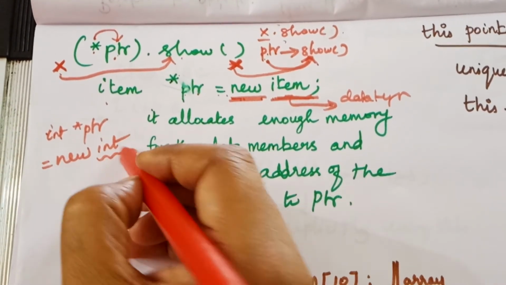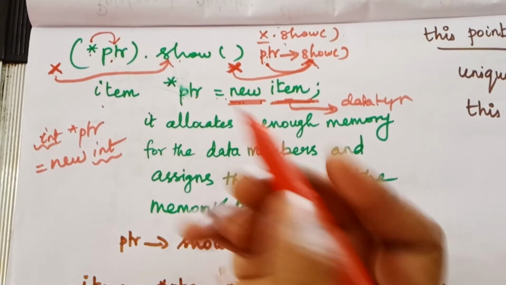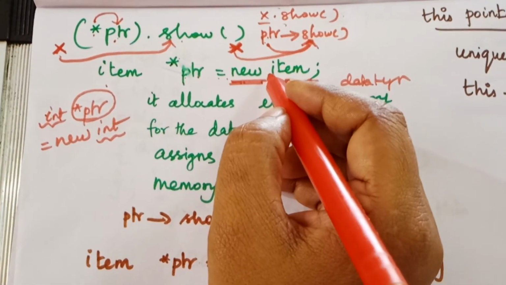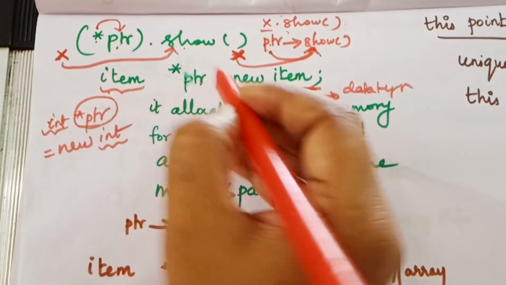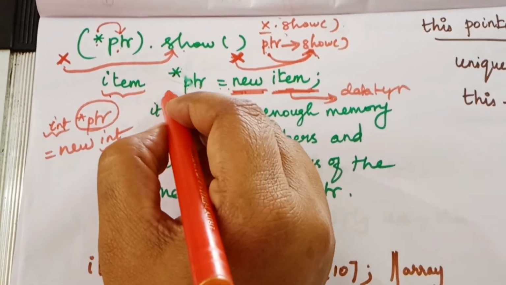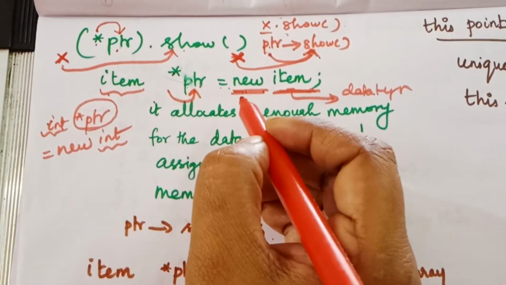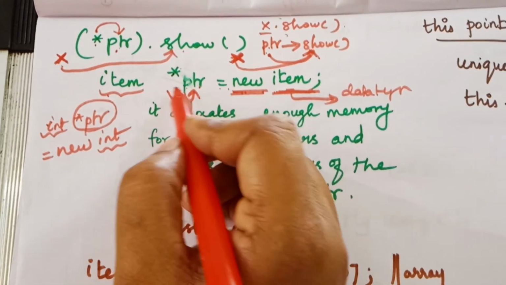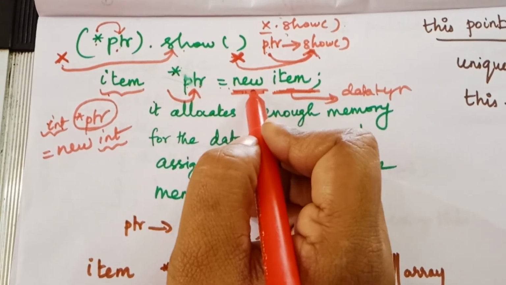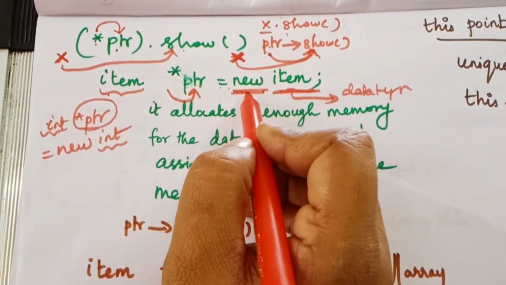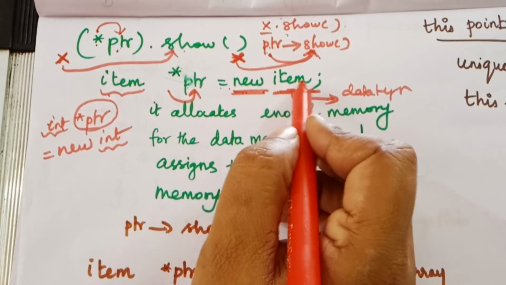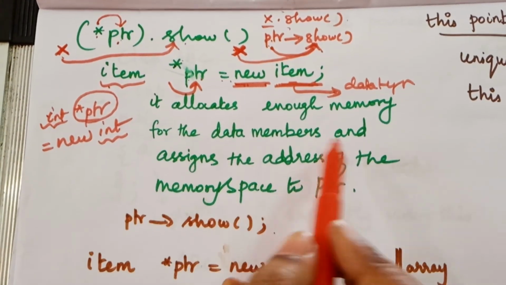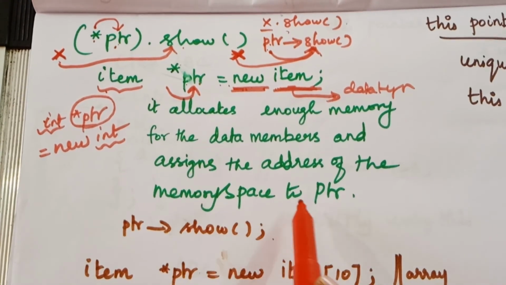So int is a data type, this is also a data type, and this is the value present in the address. Similarly, for your user defined data type item, this is the value present inside the address. This is the object, and you are creating enough memory space for the data type item to store the user defined data type. It allocates enough memory for the data members and assigns the address of the memory space to PTR.